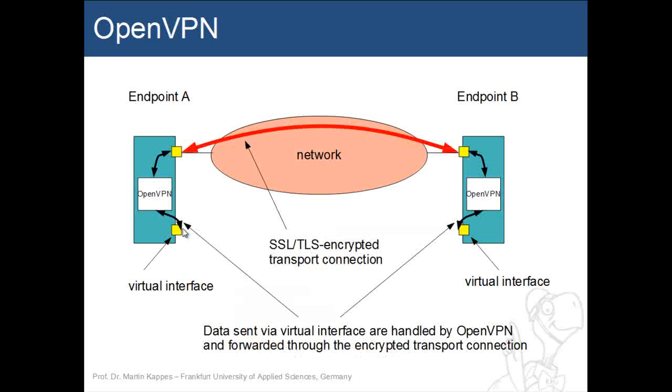If something is sent to the virtual interface, then whatever goes to the virtual interface in the machine here is actually being given to OpenVPN, handled there, and then forwarded, of course, encapsulated, encrypted through the public network to the endpoint B, where again OpenVPN gets the data, decapsulates and decrypts, and also introduces it through the user space interface TUN or TAP device into the endpoint B. So that's what actually happens when OpenVPN is used, and we just saw what it looks like from the conceptual situation.